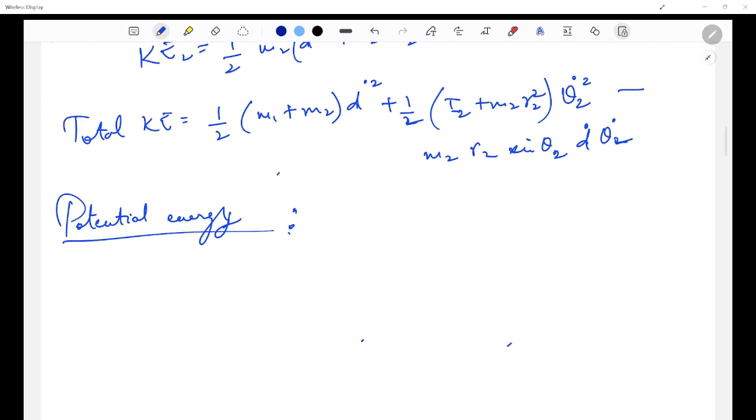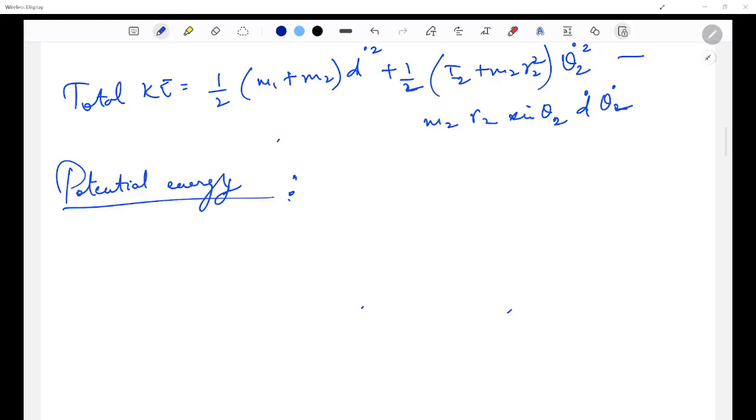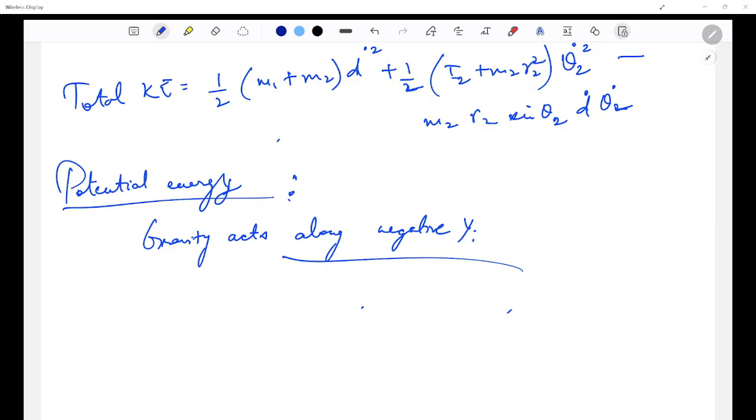Okay, for potential energy, your gravity acts along the negative y. Link 1 has no vertical motion, so your potential energy for link 1 is 0.